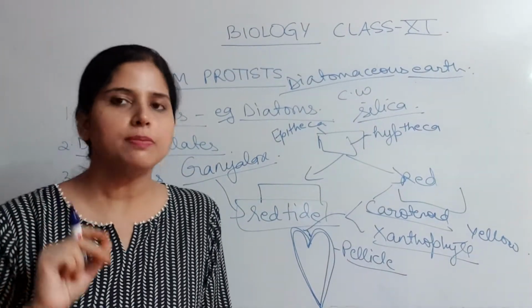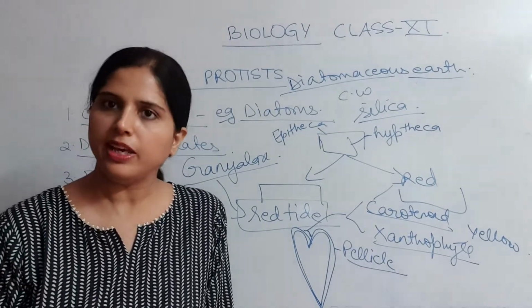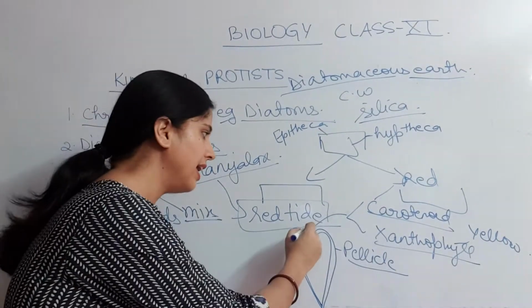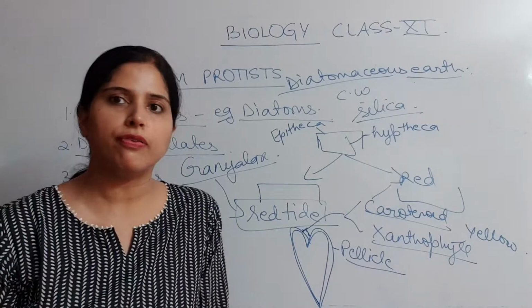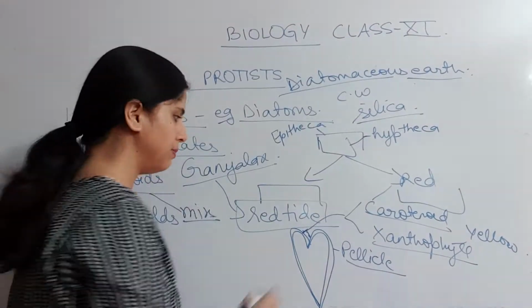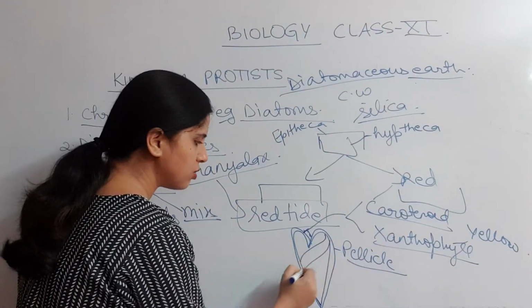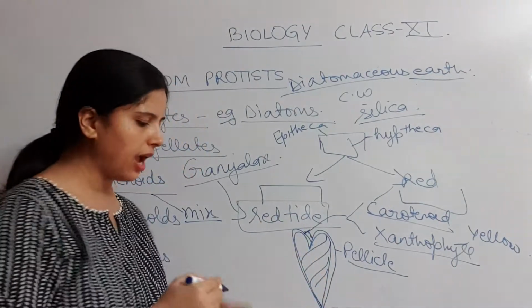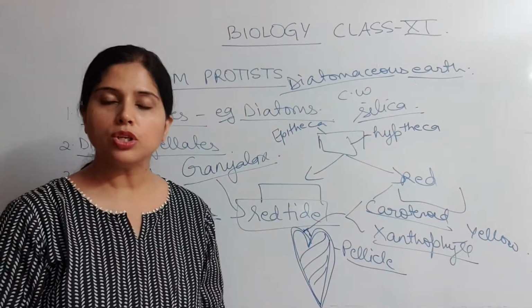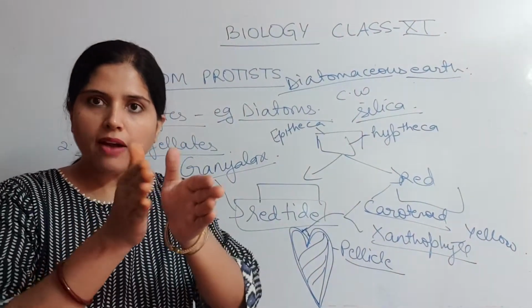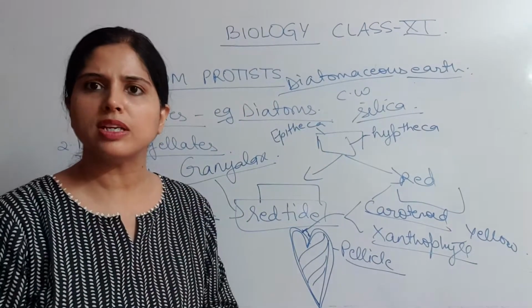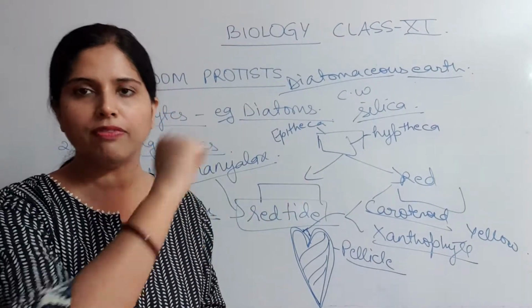One flagellum is short and another is long, and they move with flagella and myonemes. Myonemes are present on the whole surface of euglena. So the locomotion of euglena is by the contraction and relaxation of these myonemes and also by the flagella.